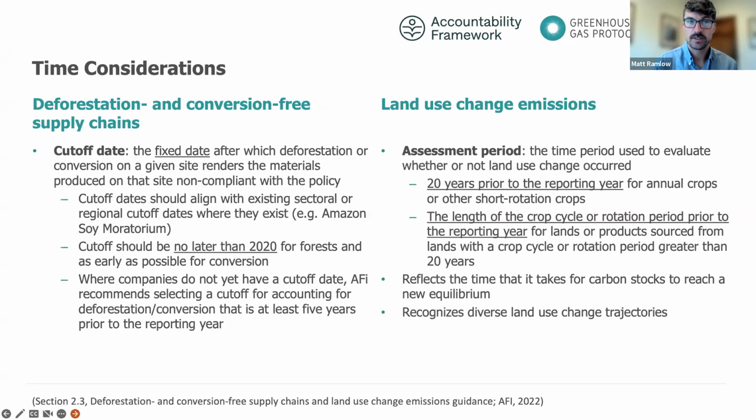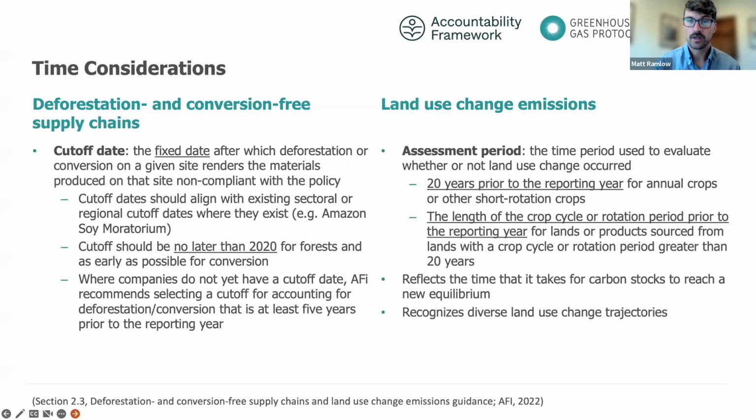Land use change emissions are counted a little bit differently. It's relative to an assessment period, and this is a time period that's used to evaluate whether or not land use change occurs. So for most annual crops and other short rotation crops, this would be a 20-year period prior to the year of reporting.